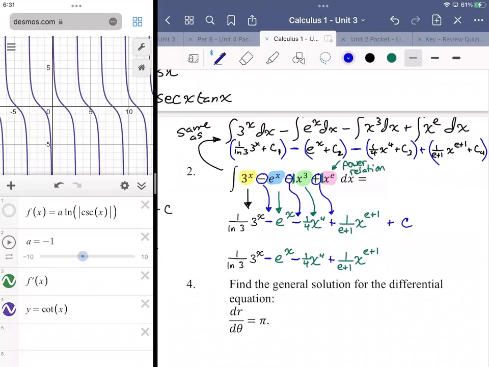So in reality, this is what it should look like: you should have a plus C1 minus C2 minus C3 plus C4.